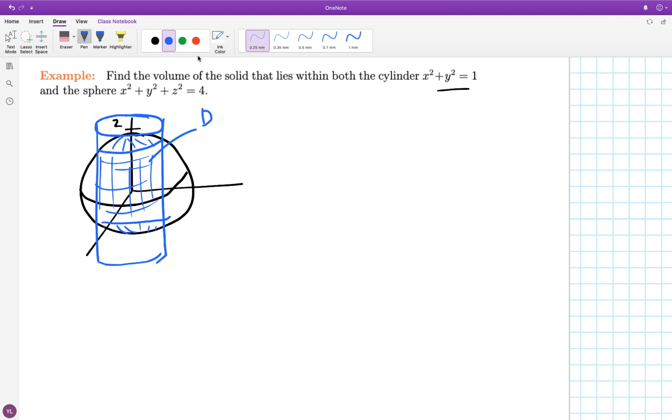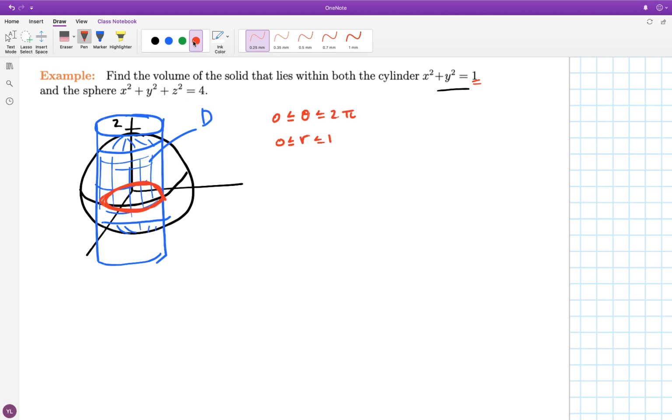So I can see that the region in the xy plane that this blue cylindrical portion lives over is just the circle in the xy plane made by the cylinder. So let me start there. That circle has radius 1, I guess. So to express it in polar coordinates, I'm going to let theta range between 0 and 2 pi and r range between 0 and 1.